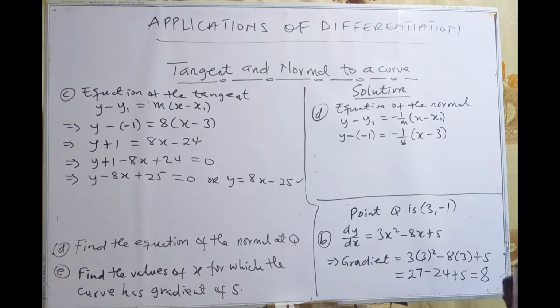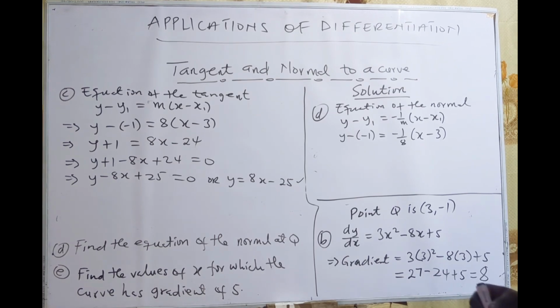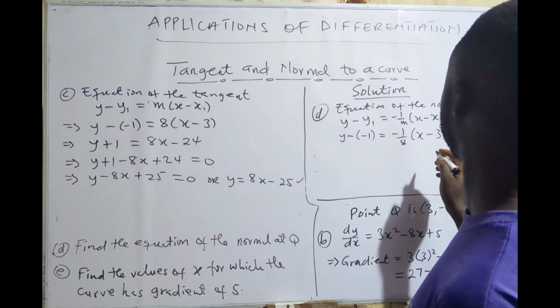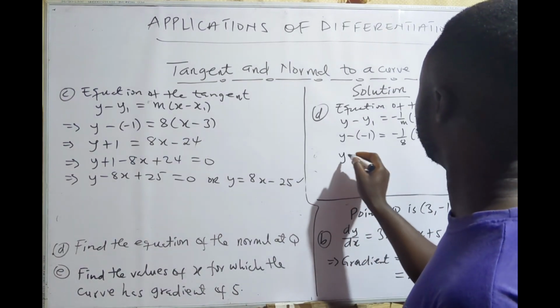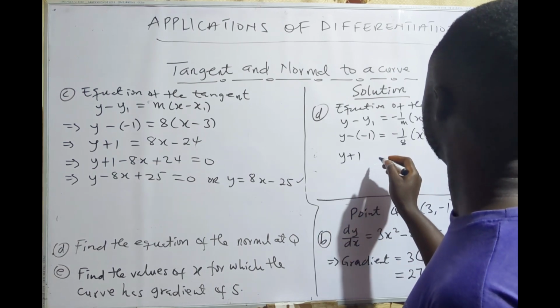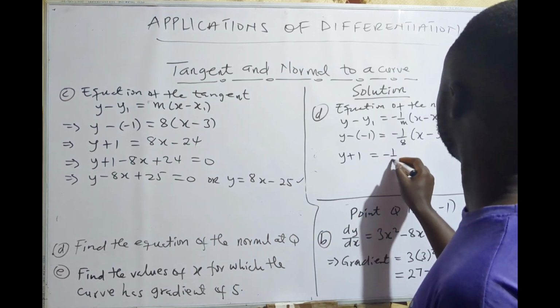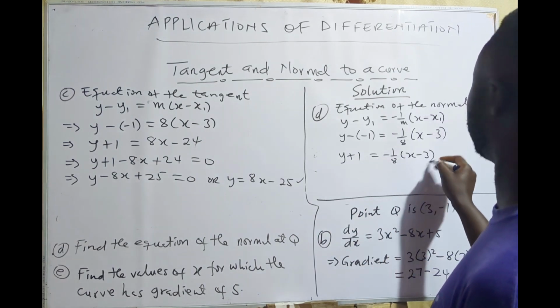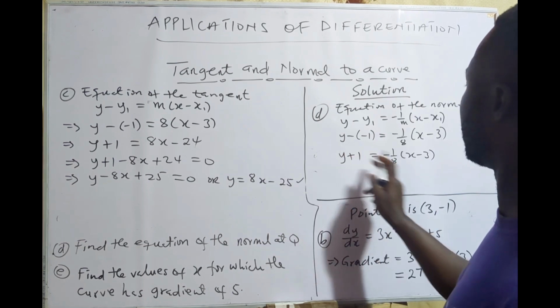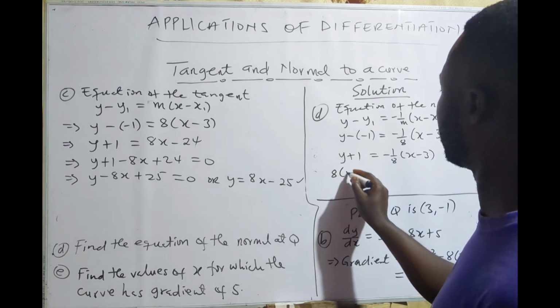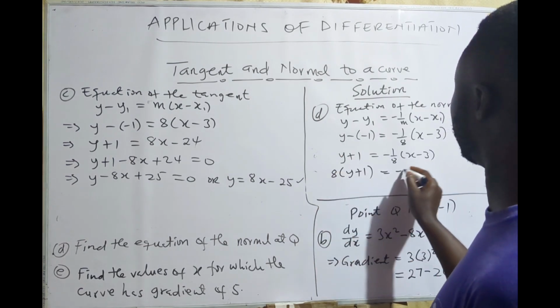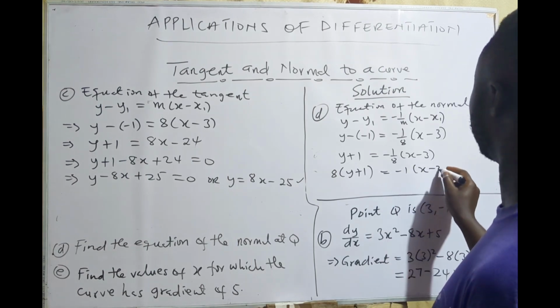minus 3. Alright. Then we are going to have y plus 1 equal to minus 1 on 8 times x minus 3. Then 8, you can take 8 here. So you have 8 times y plus 1 equal to minus 1 times x minus 3.